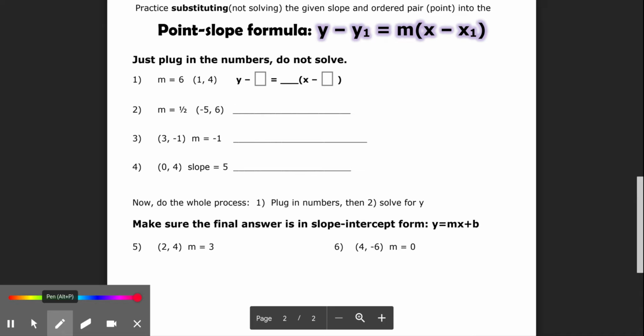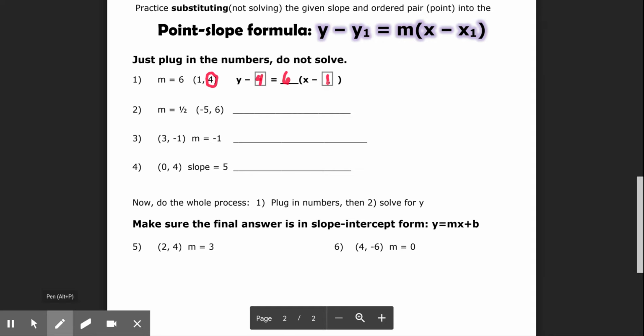So you see that I have squares and an underline of where you need to put things. So the second number goes first. So it'll be y minus 4 equals, and your m is 6, and then x minus 1.